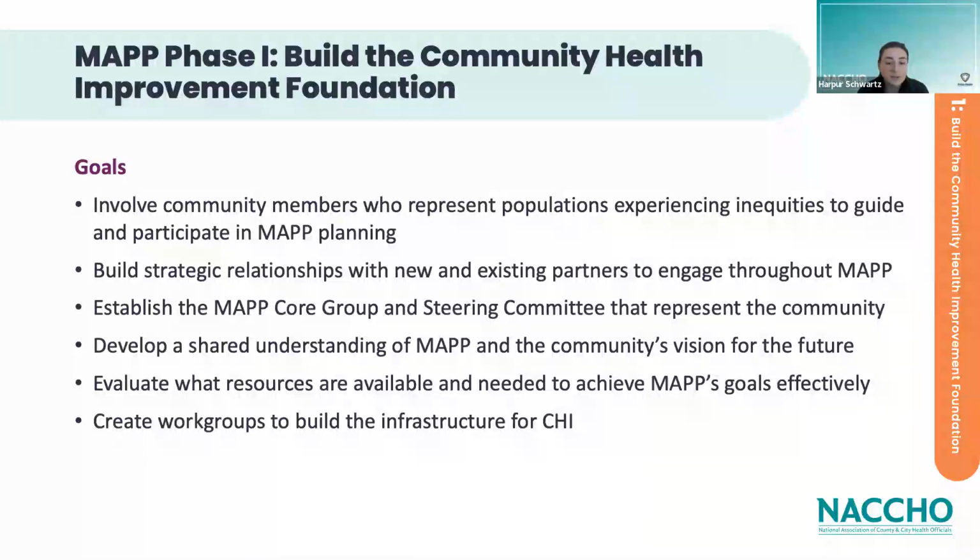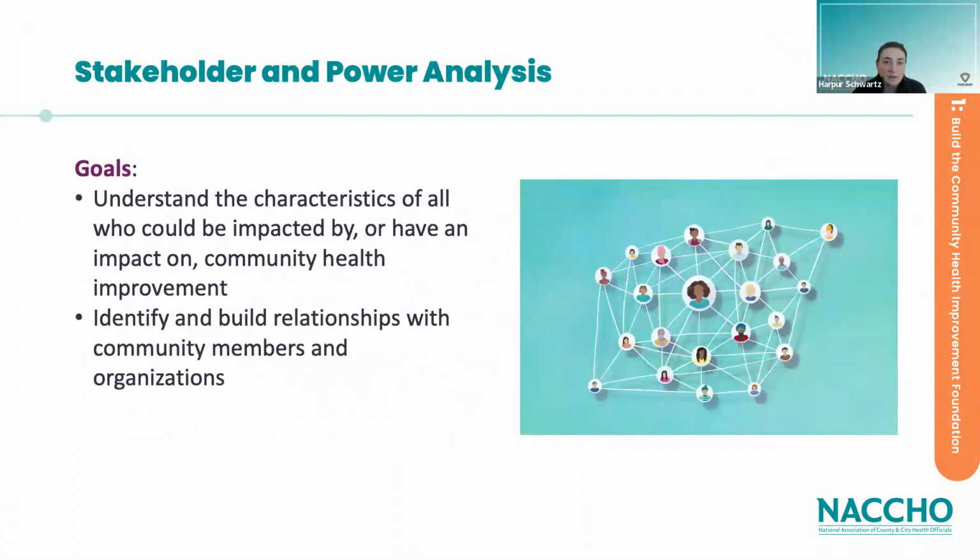The goals of this first phase are to involve community members who represent populations experiencing inequities to guide and participate in MAPP planning, build strategic relationships with new and existing partners to engage throughout MAPP, establish the MAPP core group and steering committee that represent the community, develop a shared understanding of MAPP and the community's vision for the future, evaluate what resources are available and needed to achieve MAPP's goals effectively, and finally, create work groups to build infrastructure for CHI, which is community health improvement.